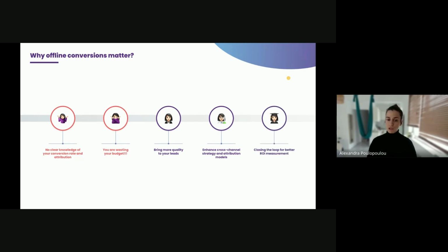And last but not least, with offline conversions, you can close the loop. So you can track the final step in your customer journey, and this can enable you to calculate the true ROI of your digital campaigns. This can help you evaluate more effectively the full impact of each channel, and eventually adjust spend and strategy accordingly to maximize returns.